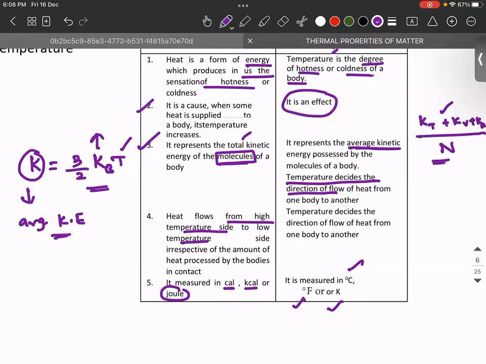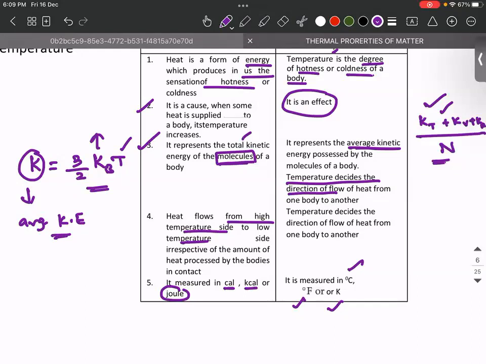What I'm trying to say is each molecule will possess a different value of kinetic energy. If you add all those values and divide by n, that speaks about temperature. Are you able to understand? Because I can never relate kinetic energy to temperature directly, as those two are different physical quantities.